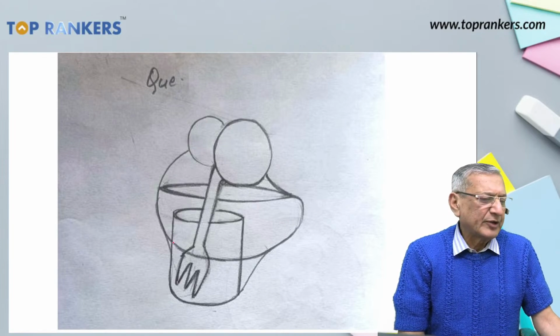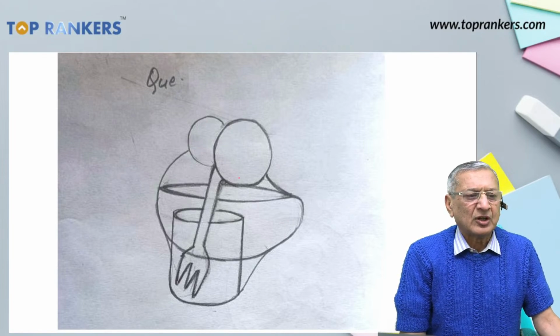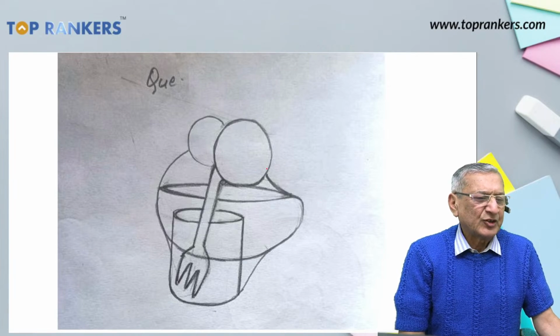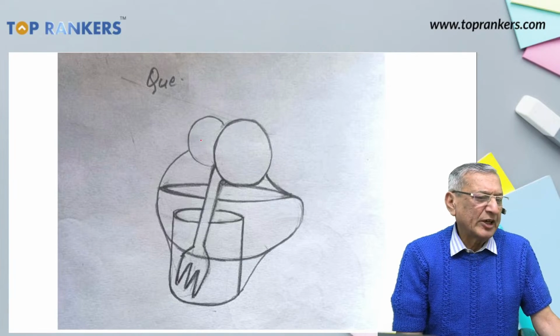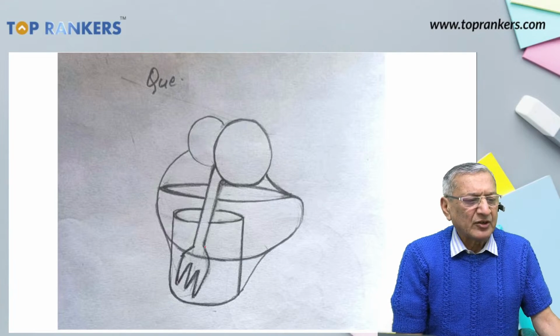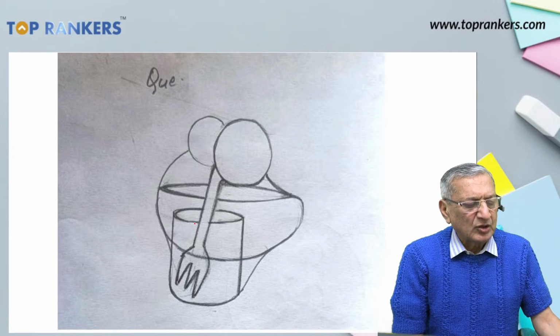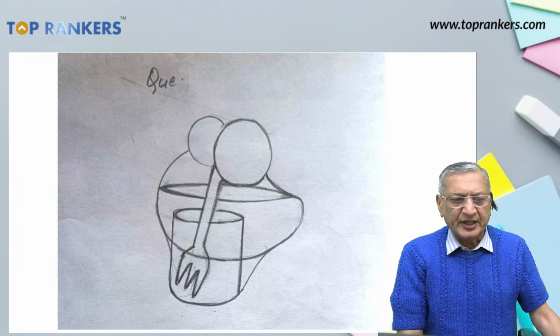So mother would prefer to buy him a fork which has got some faces, some smileys attached to it. So you could make two smileys here. You could make a transparent bowl, and you could also make a transparent glass showing the fork inside it.